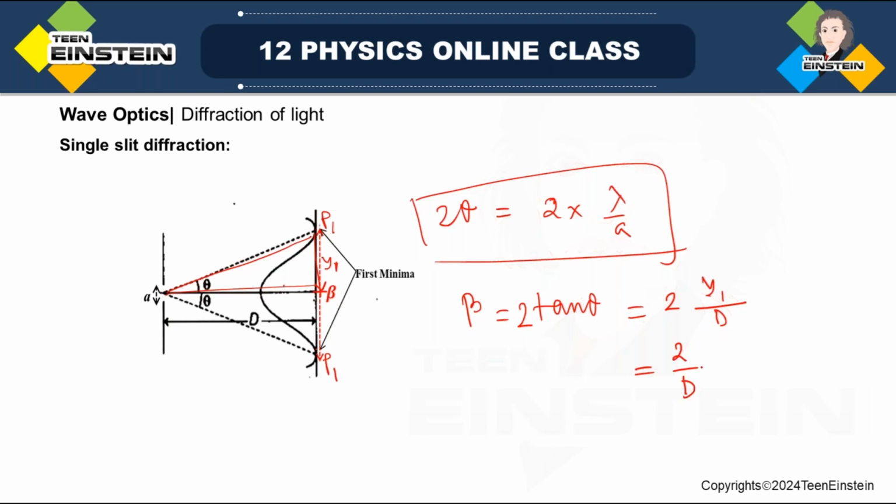So what is y1? We had got a into y1 by d is equal to lambda. So y1 was actually lambda d by a. Let us put it here, lambda d by a. So it is actually 2 lambda by a. Let me check.